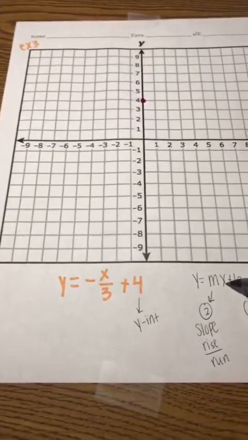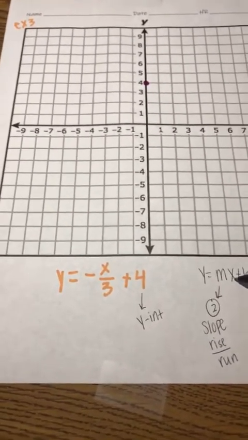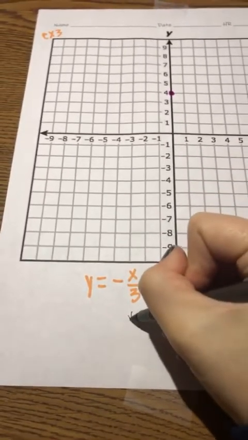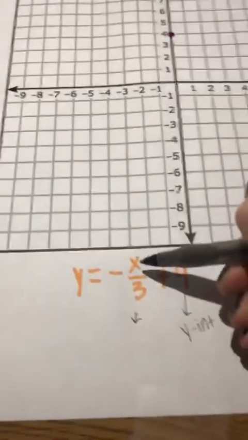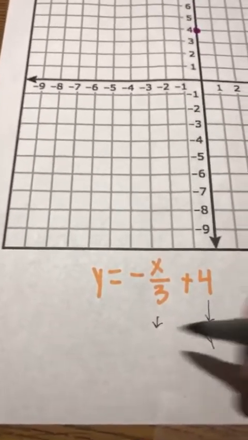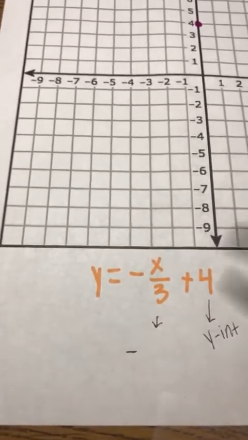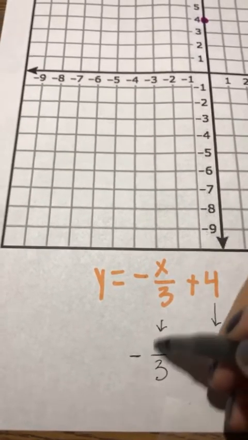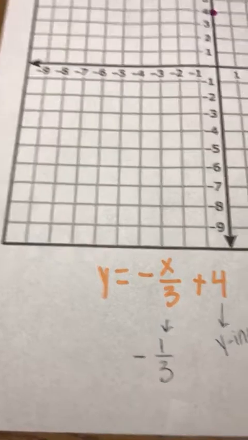From here, I'm going to use whatever's attached to the x. I see a negative, and then I see a 3. All I'm going to do is ignore the x and just write down all of these things and see what happens. I see a negative sign. I see a 3 on the bottom. If there's something like this, we always know that we can put a 1 on top.